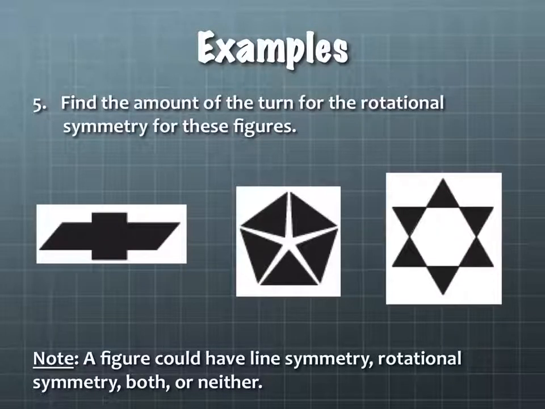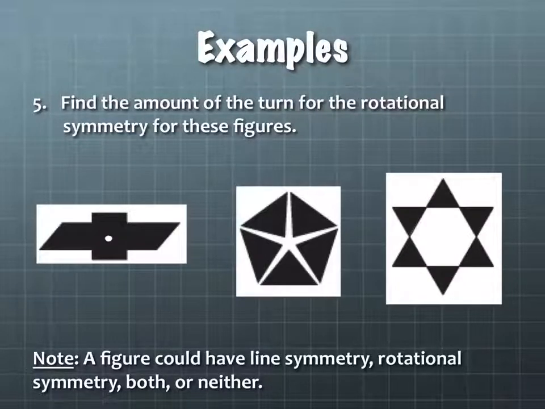So we're going to find the amount of the turn symmetry for each of the rotational symmetries in these figures. Take a look at the first one. What would be the turn symmetry for this one? 180. This is the Chevy symbol, right?